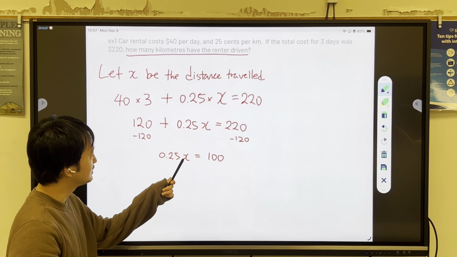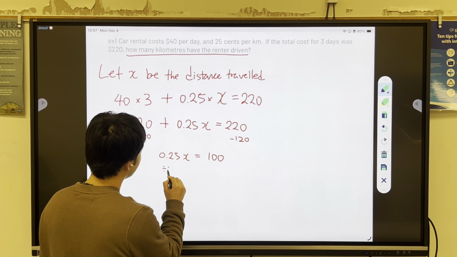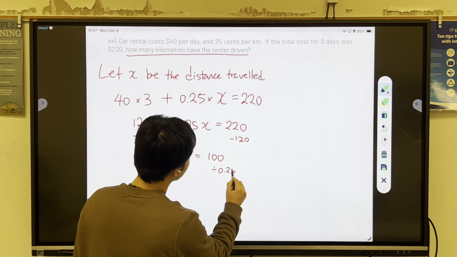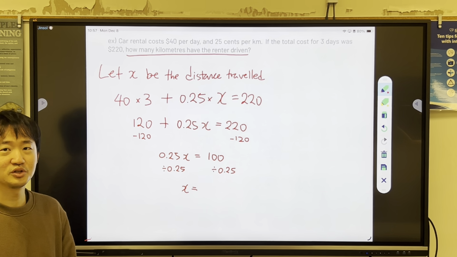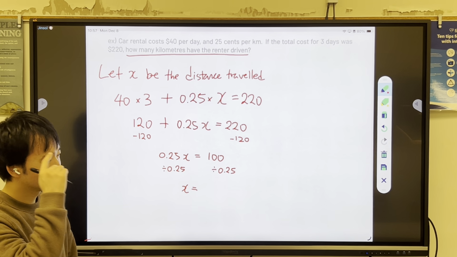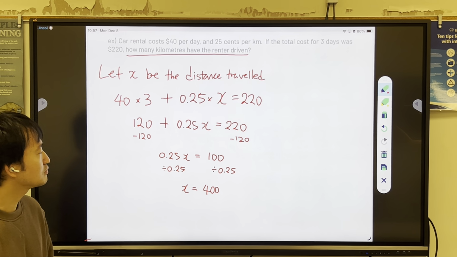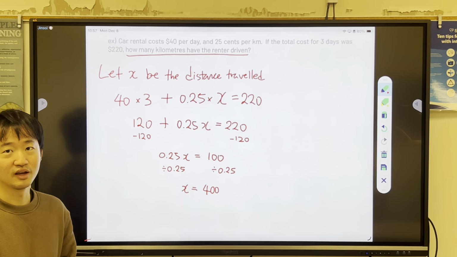And then let's isolate x further by dividing both sides by 0.25. So x is going to be 100 divided by 0.25, which is 400. That's my fourth step done. I solved the equation.